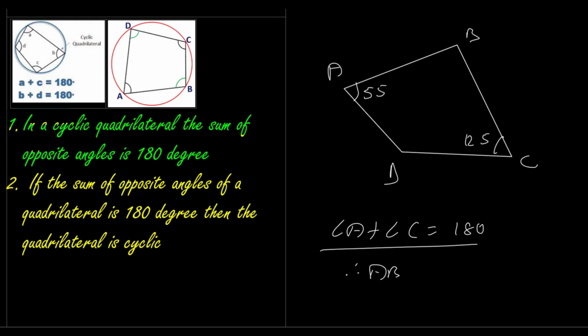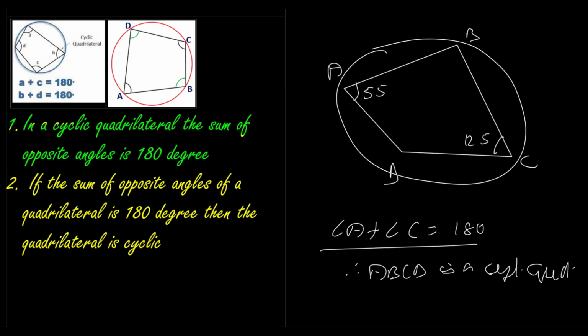Therefore, ABCD is a cyclic quadrilateral. It's not necessary that the circle has to be there in the diagram. Even if any one pair of opposite angles are supplementary, that means the sum of opposite angles of a quadrilateral is 180 degrees, then we say it's a cyclic quadrilateral.